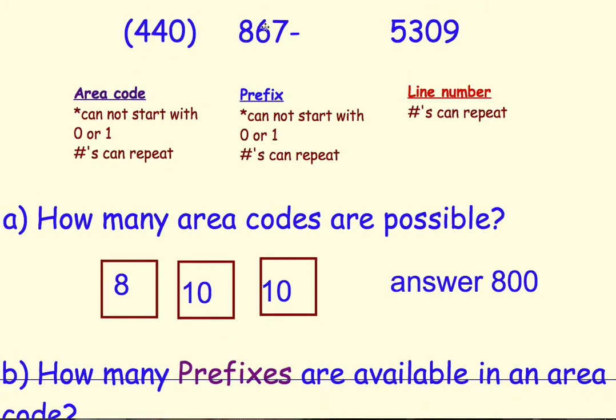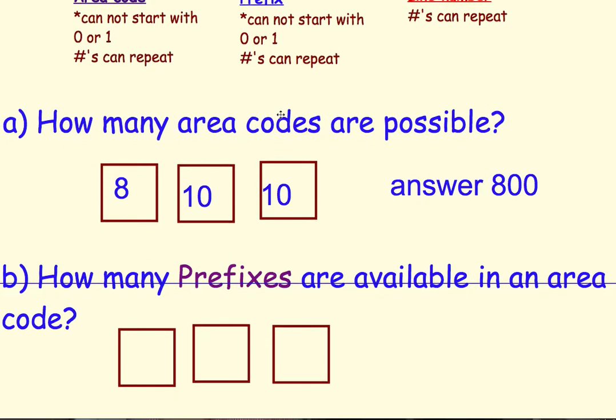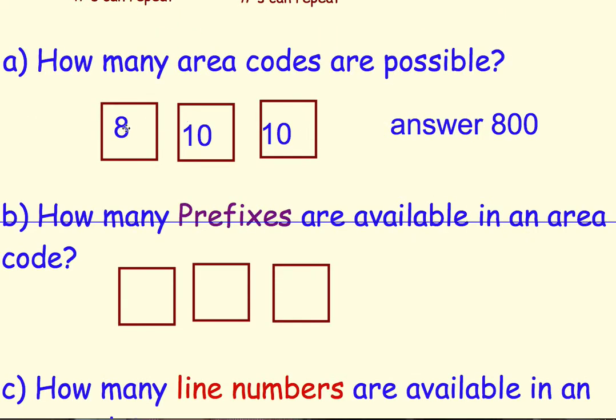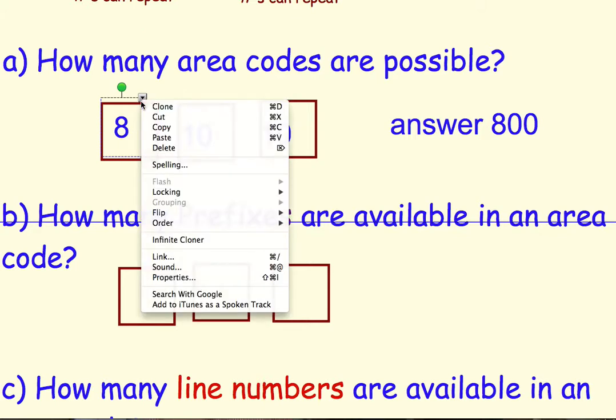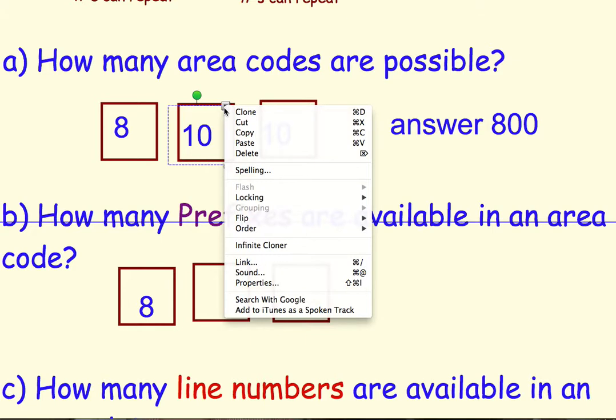The prefix, in my girlfriend's number, 8675309, 867 is the prefix. It's the exact same thing as the area code. You can't start with 0 or 1. So I'm just going to copy these right here, and I'll bring that down. And you got an 8 here. And again, you got 10.